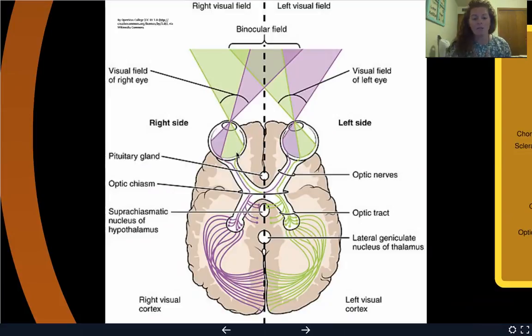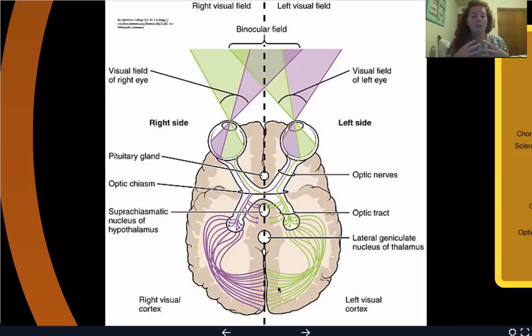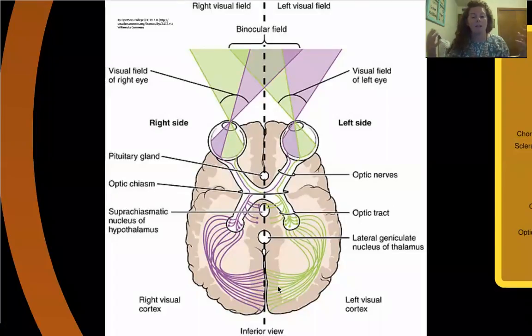Those are responding to the visual field that's reflecting on their side of the retina. That's important because now both sides of our brain are communicating. What we see in one eye is being accommodated for with what we saw in the other eye, so we're interpreting the visual input from both sources to decide what we actually see.